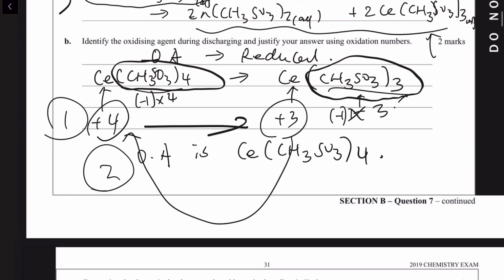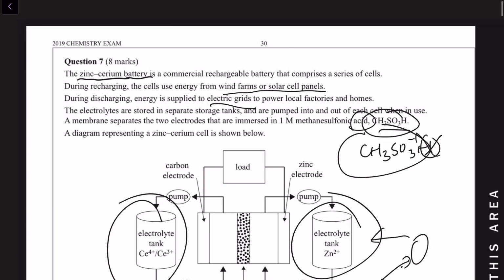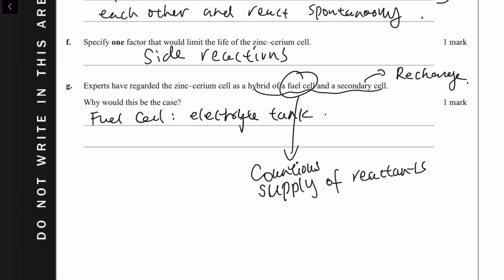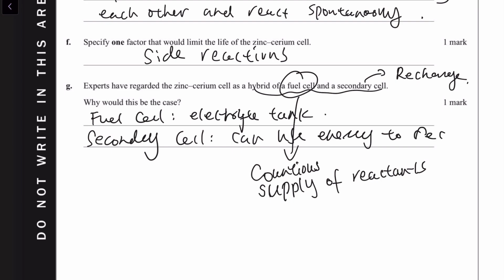And from reading the question, we know that it can use energy to recharge. So the secondary cell part can use energy to recharge. So this is why it's called a hybrid of fuel cell and secondary cell.